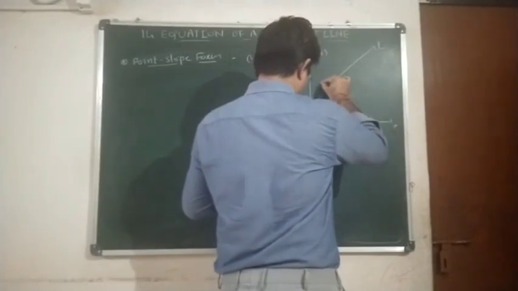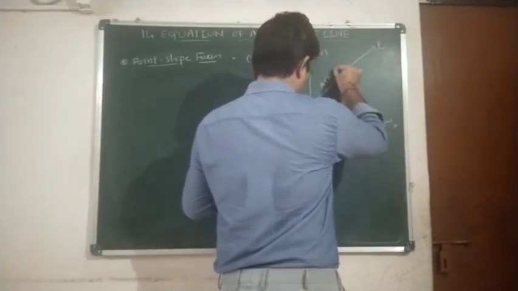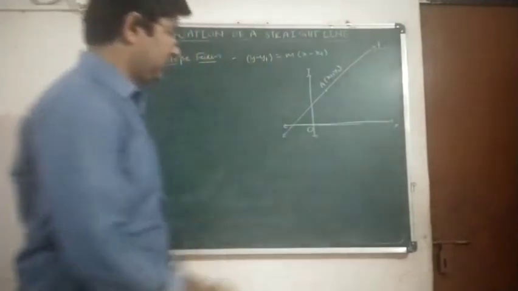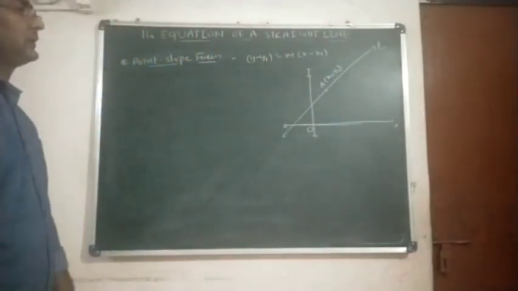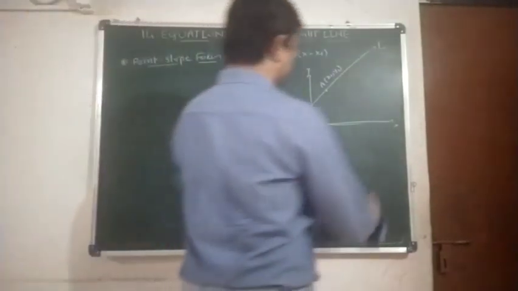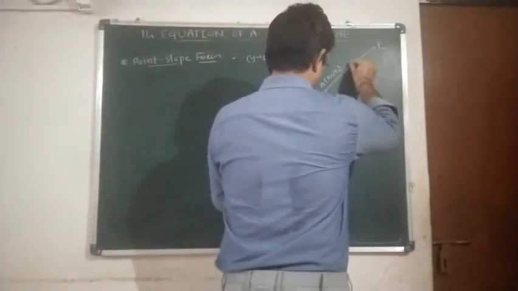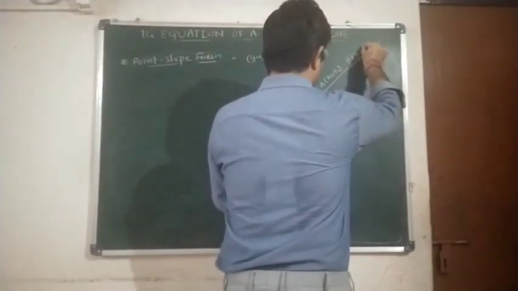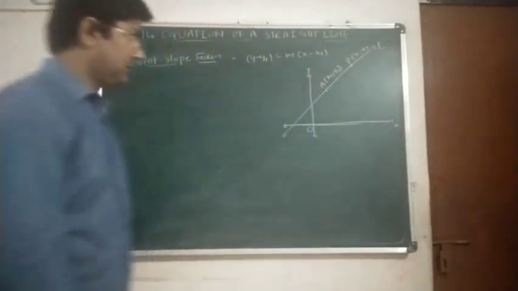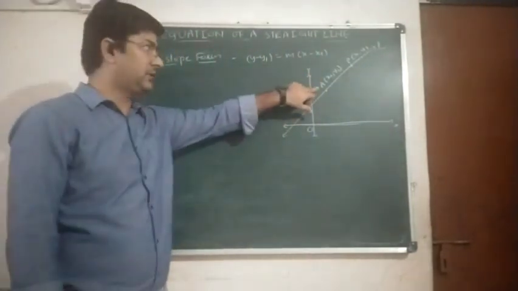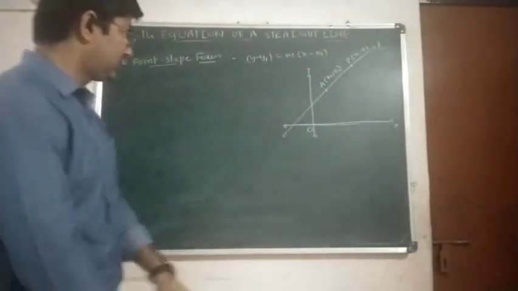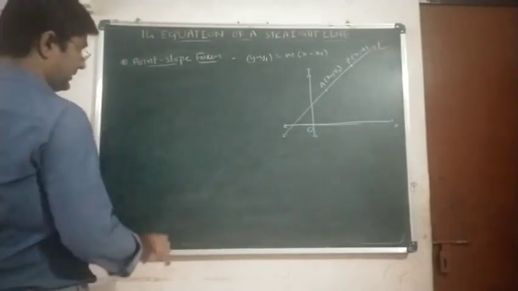Suppose we are given a point A having coordinates x1, y1 on the line. We will consider one more point P having coordinates x, y on the line. This point is already given and we have taken one more point on the line. Clear?